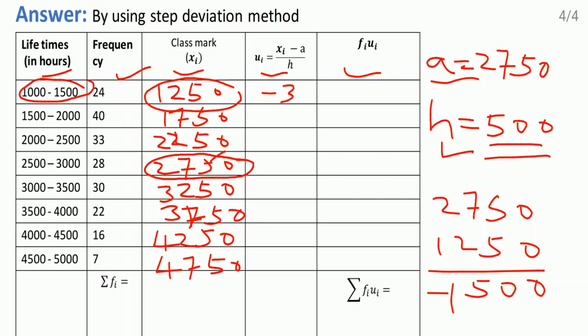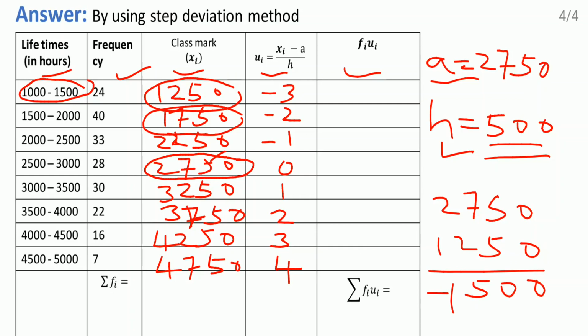Correct? Now you see here, 1750 minus 2750, obviously minus 1000, divided by 500. So it is minus 2. Now 2250 minus 2750 is minus 500, so 500 by 500 is minus 1. This is 0, this is 1, 2, 3 and 4. Right? Logically, this way we will write it down.